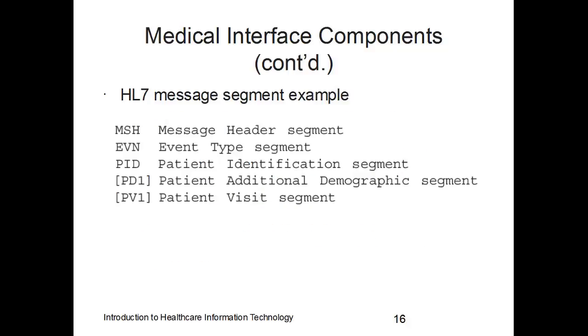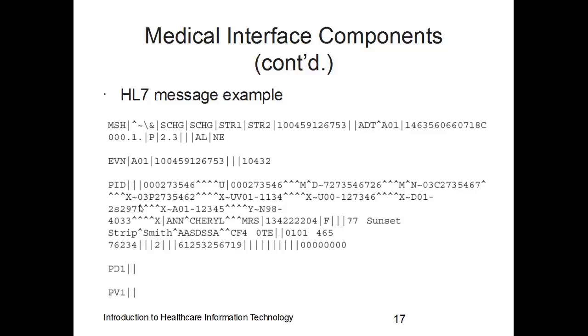And here we have an example of how an HL7 message may look. In the message header segment up here at the very top, the event type here, the patient information segment here, a patient demographic segment, and patient visit segment. So here's how an HL7 message could look, with the message segment up here, the event segment here, the patient ID.